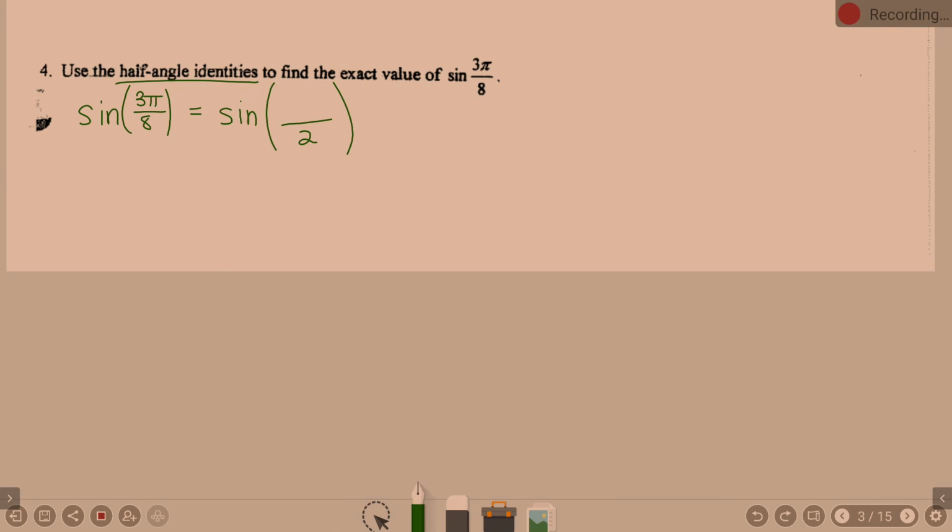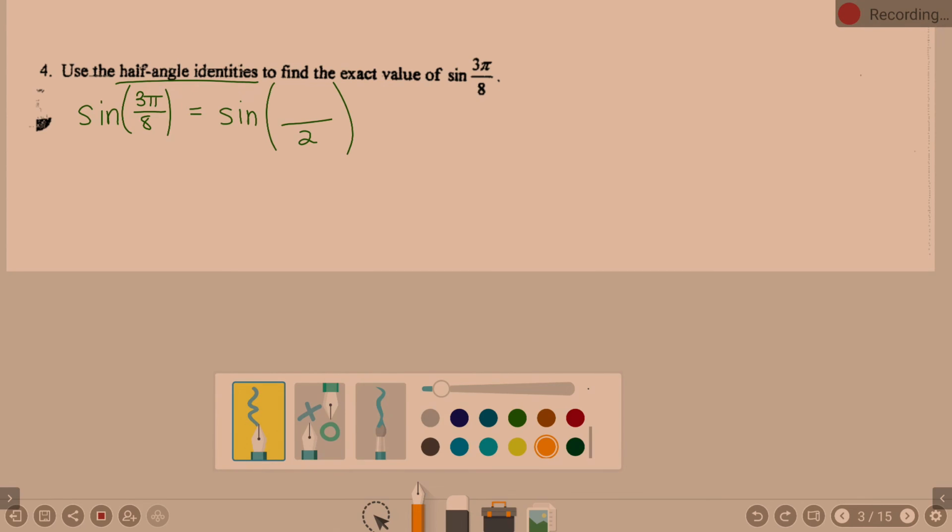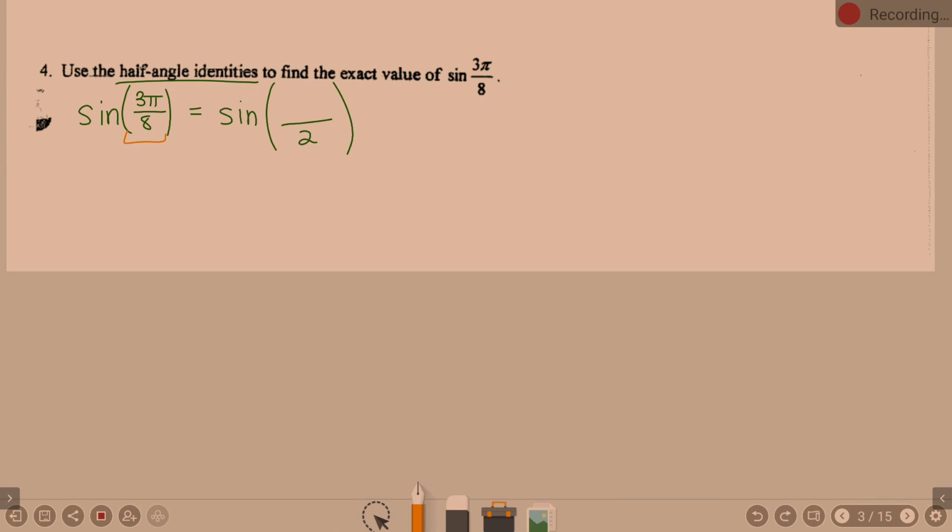Thoughts on how to find it? Here's what I'm going to say, guys. What is right here has to equal what is right here. So in here we have 3 pi over 8, and it has to equal something divided by 2, yes?